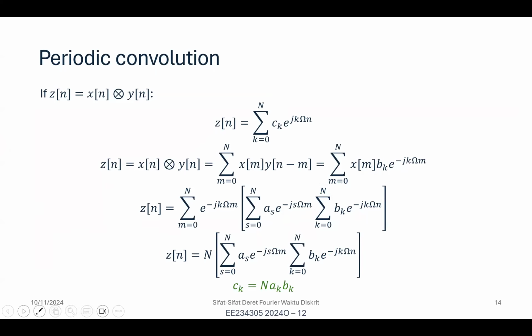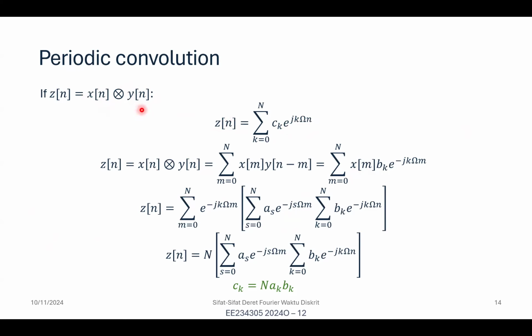All right, the next property is called periodic convolution. Suppose we have zn, which is xn with a circle, which is the notation here. Let's just say this is a periodic convolution, so xn convolved periodically with yn. So zn is the sum of ck times e to the power of jk omega n.